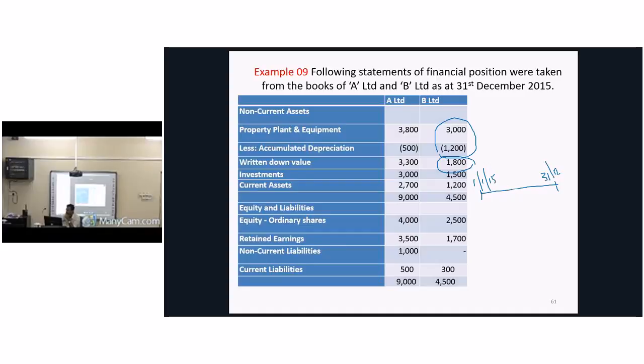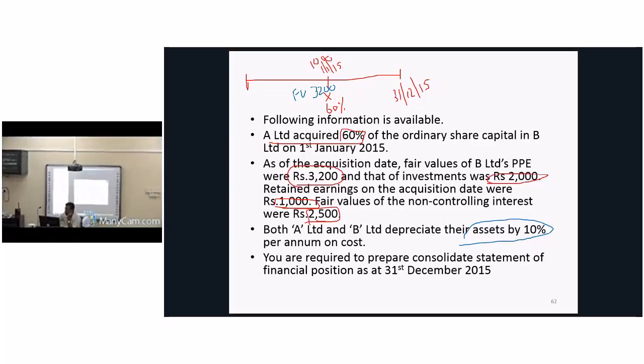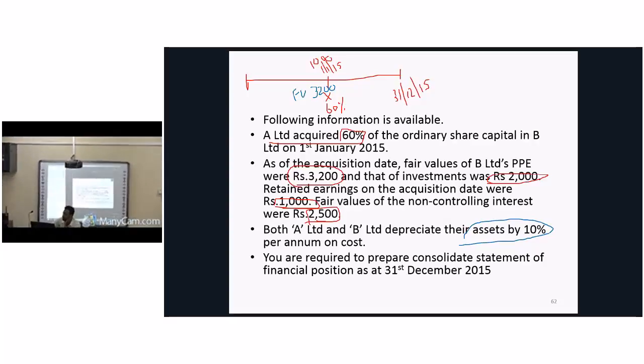Here the value is now 1,800. Net book value. What is net book value on this date? You just see another information. Both these companies are depreciating their assets at 10% on cost.